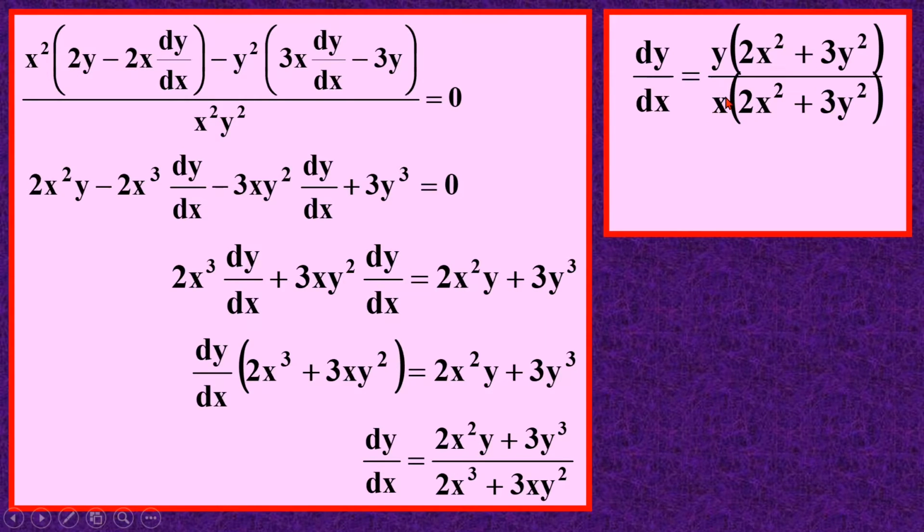Now, once I factorize that out, I notice 2x, the numerator and the denominator have something that I can clear away. So I will clear both of them, ending with my answer is only y over x. Okay, I'm done with this question.